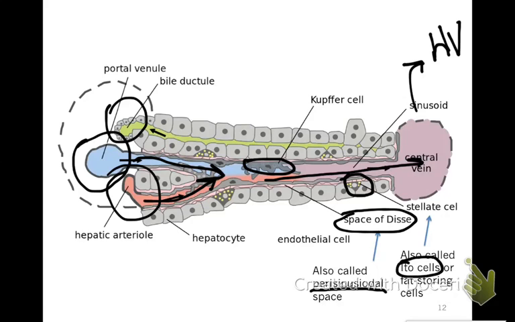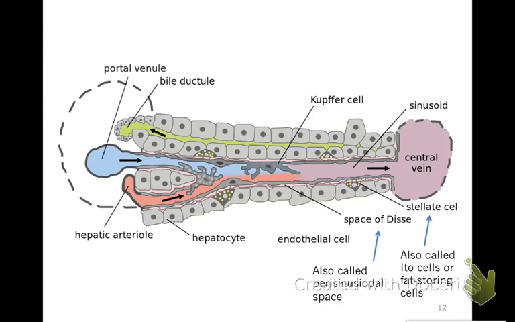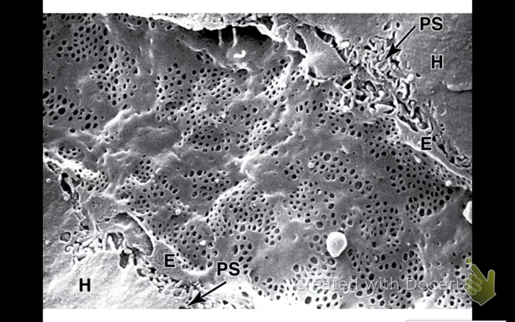And yeah, great. So let's take a look at what these look like in real life. Here is a scanning electron micrograph, and you can see all of these fenestrations, these huge holes in the endothelial capillary wall. These are important because they allow all of the exchange to happen.